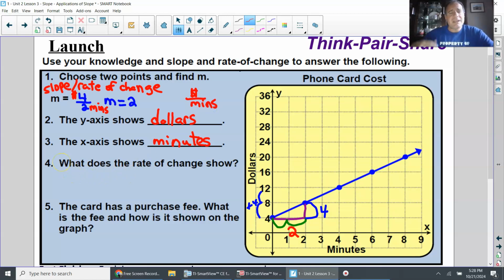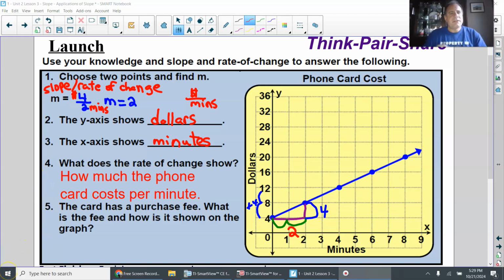It shows how much money it costs per minute. And there it is, how much the phone card costs per minute. I just put the symbols of what each number represents right next to the numbers, and you could just see exactly what the rate of change shows.